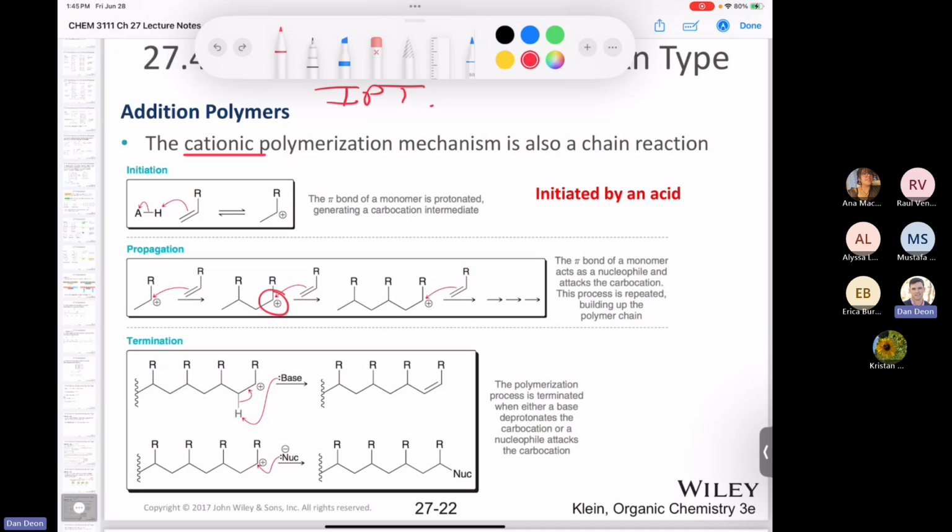Well, you could either throw in a base that could do an elimination reaction, as is shown here. So you do an elimination, and that shuts it off. Or you could add some kind of nucleophile, and that's going to neutralize the carbocation. And there you go. So that's initiation and propagation for cationic polymerization. But remember, you want to have an electron donating group for cationic polymerization.